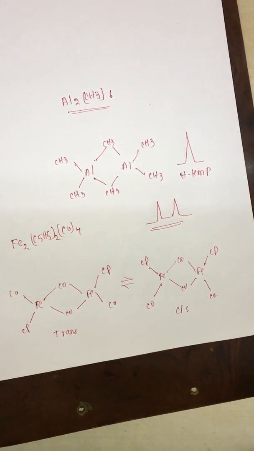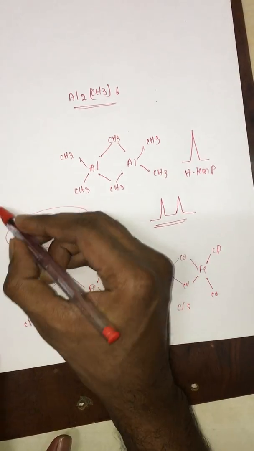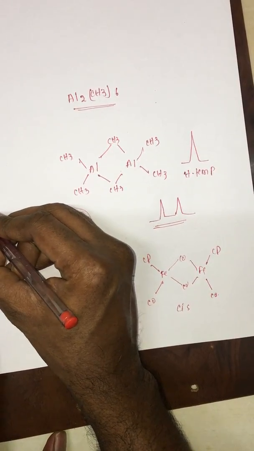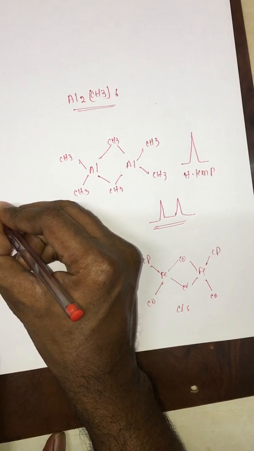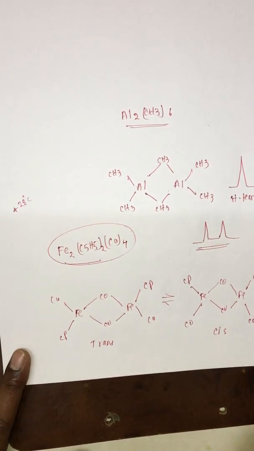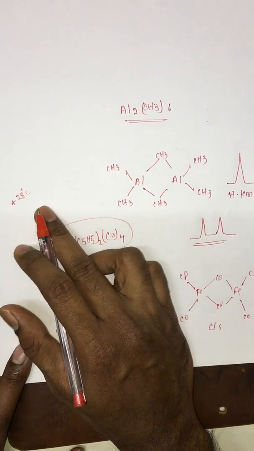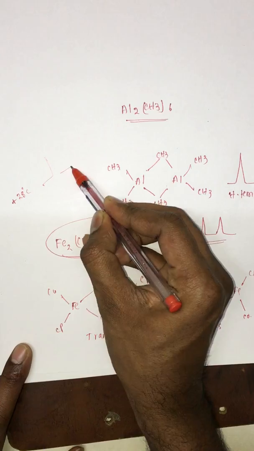So if we record the NMR spectra for this complex at minus 28 degrees centigrade, sorry, plus 28 degrees centigrade, we will get a singlet here.